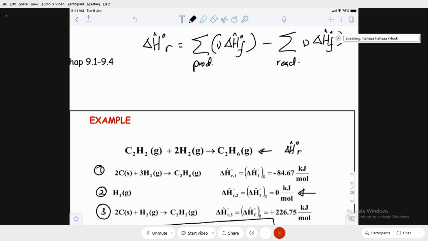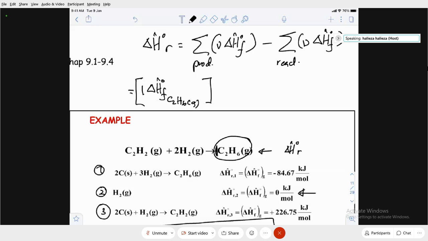So where is our product? This is our product. There's a 1 there. So that is 1 times the heat of formation of your product, which is that of your ethane. Write down that it is in gas phase, so you need to write that down. Okay, so that's 1 for the product.